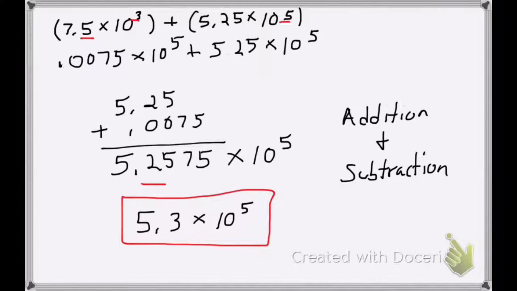They both have to have the same exponents, and then you can do the computation as a basic addition problem or a basic subtraction problem. The final answer has to always be rounded to the least precise place value of the original numbers.